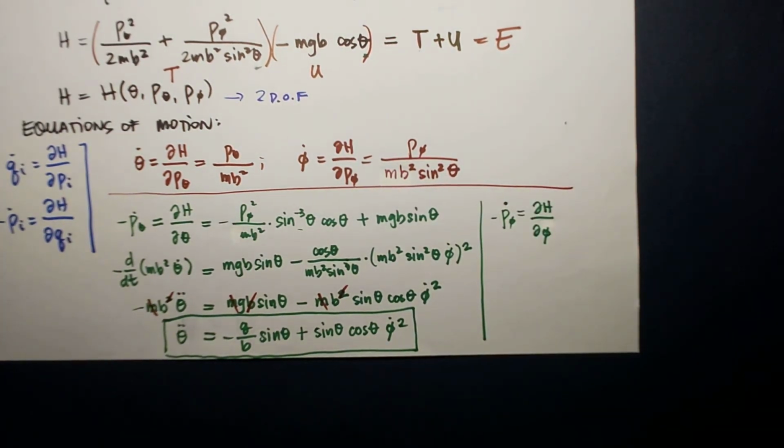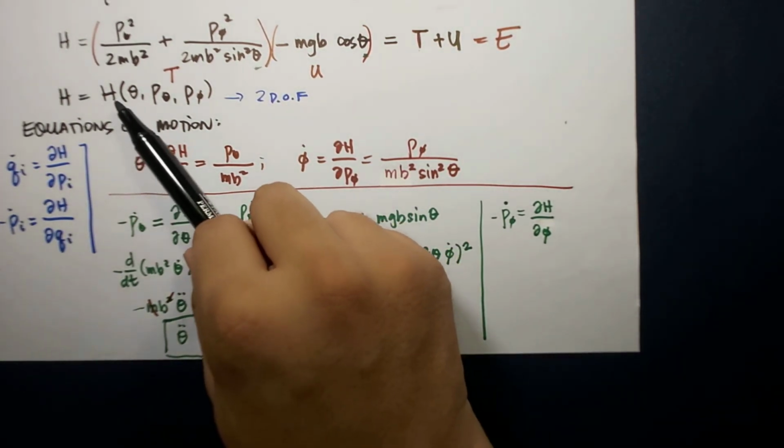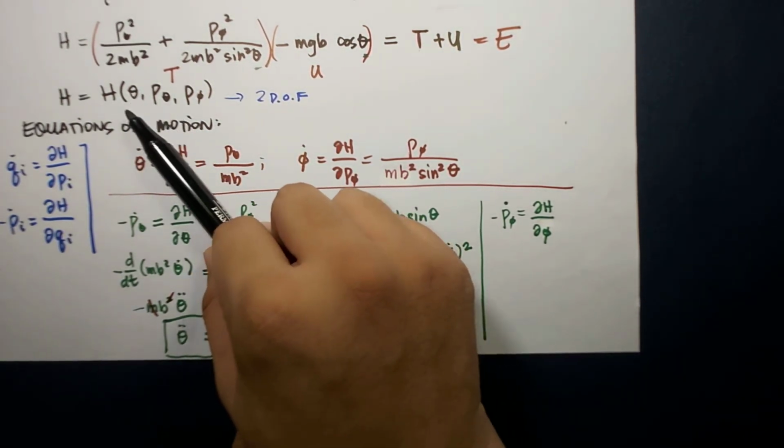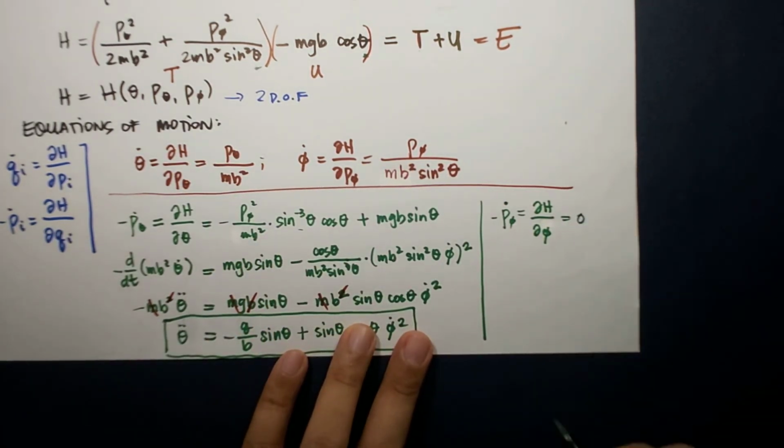Okay, so as you notice here, the Hamiltonian is not an explicit function of phi, so therefore this is 0.